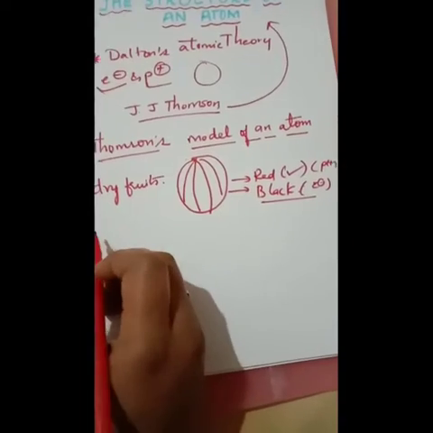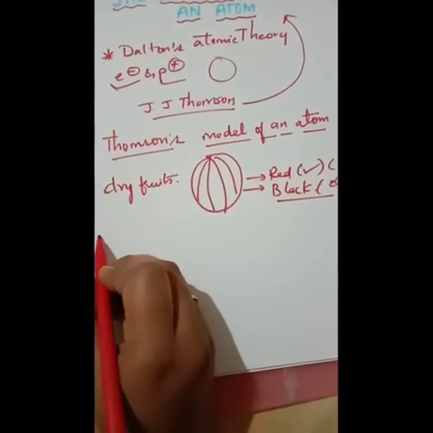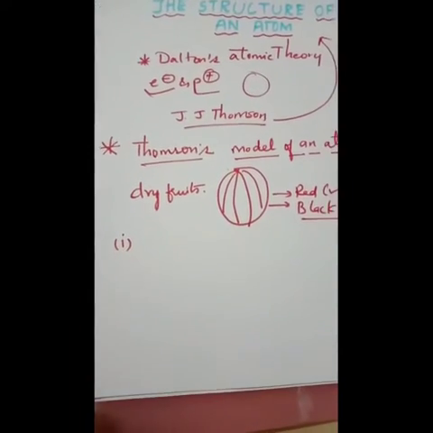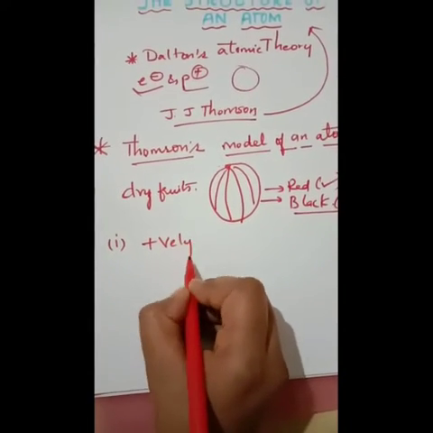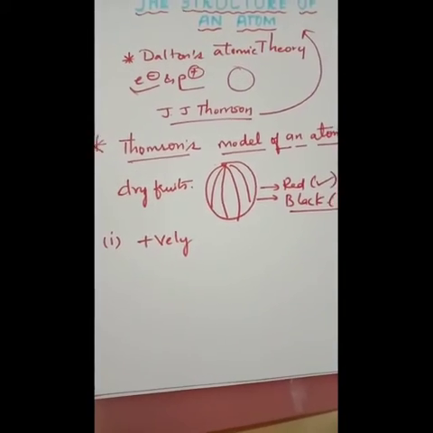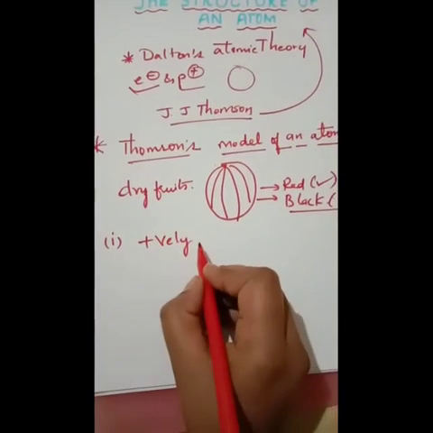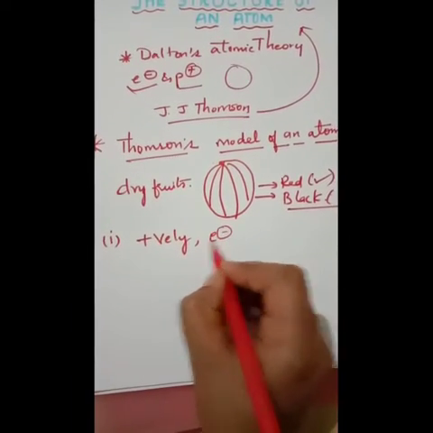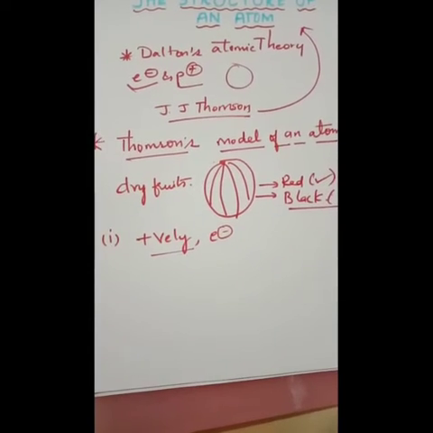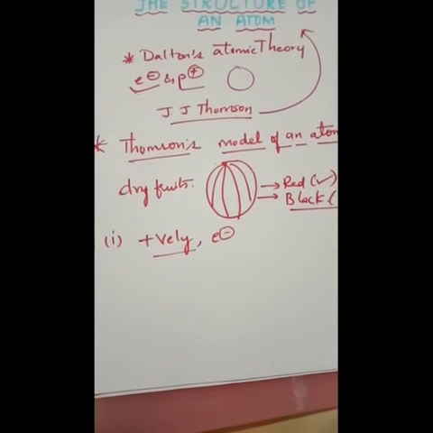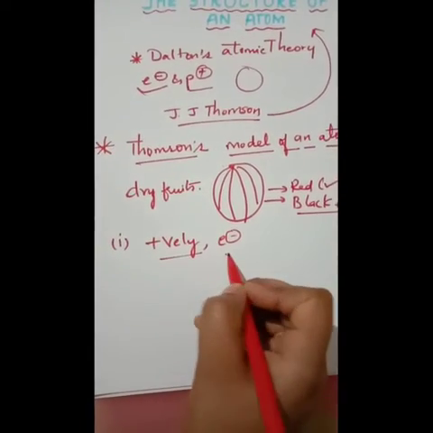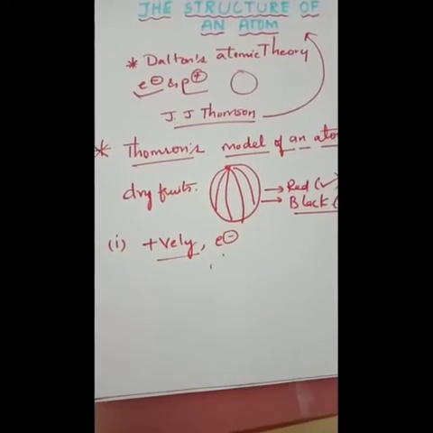So here J.J. Thomson proposed that the first point is that an atom consists of a positively charged sphere and the electrons are embedded in it. The overall sphere is positively charged, but electrons are embedded in it just like in a watermelon.